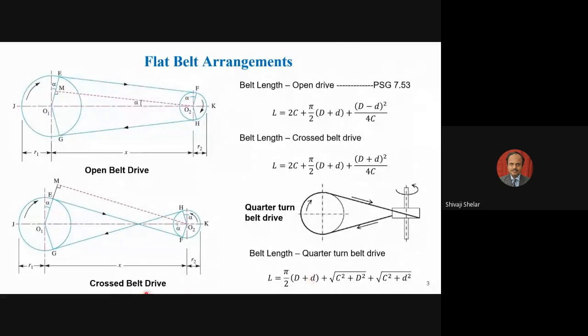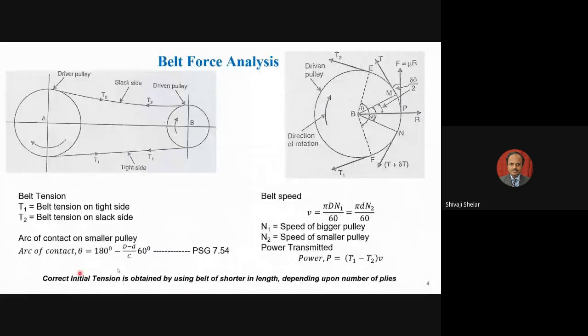Now, when you want proper power transmission, then T1 and T2 have to be appropriate. To maintain the values of T1 and T2 appropriately, the correct initial tension is very important. Correct initial tension is obtained by using belts shorter in length. So you have to make your belt length shorter than theoretically required. The actual length of the belt used while mounting on the pulley will be less than the theoretical length.